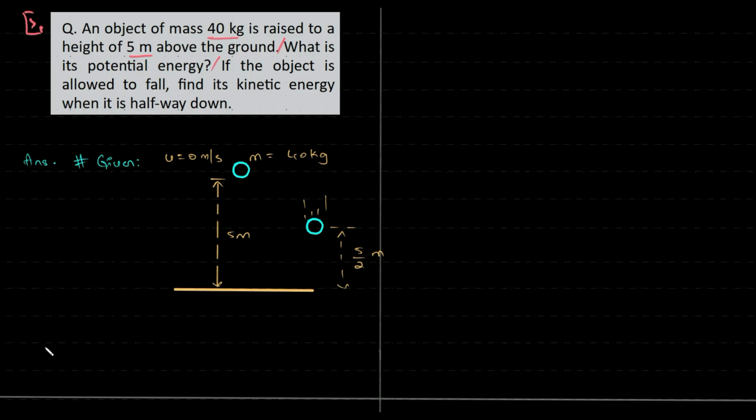That's good enough. Now, let's talk about the working. How do we begin? We'll talk about the case at the top. What is the potential energy? Potential energy is given by m into g into h. So we're going to substitute. m is 40, g is 10, acceleration due to gravity is 10 meters per second square, into height 5.